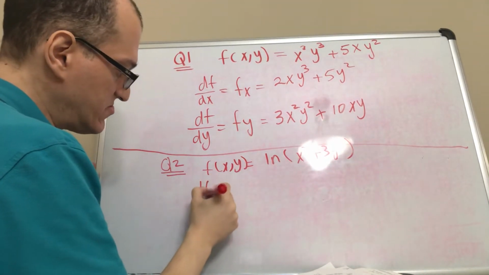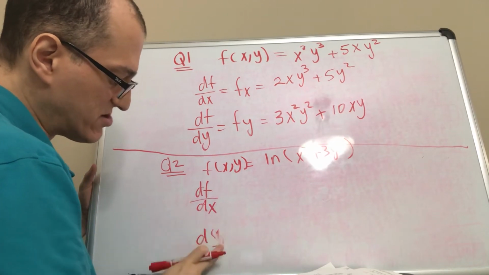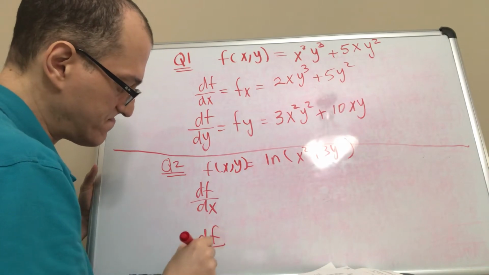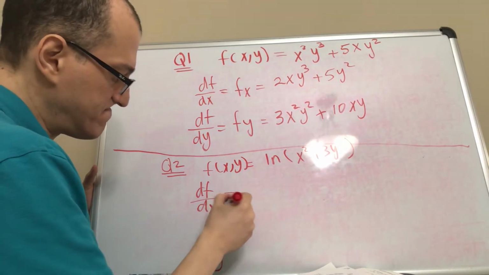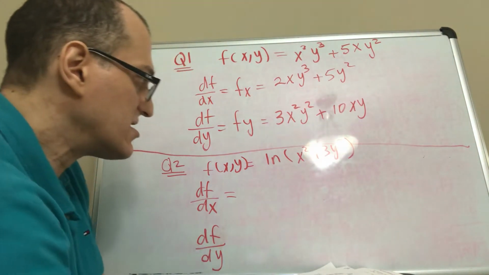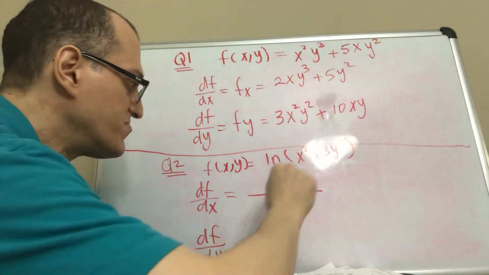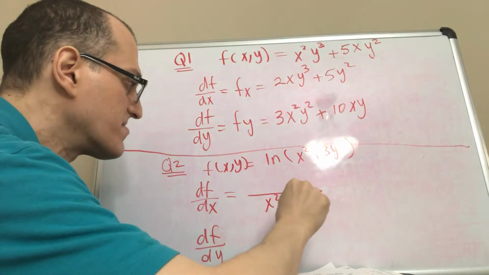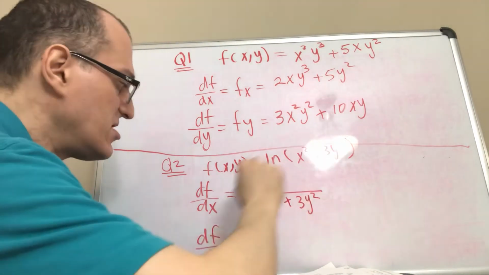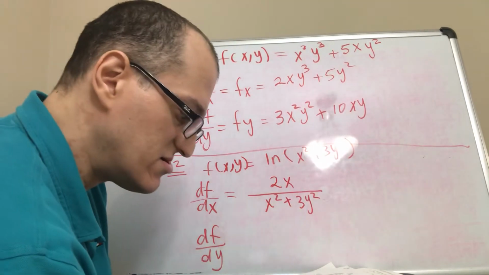Find the derivative with respect to x. Find the derivative with respect to y. The derivative of this with respect to x, and in ln, you know the derivative of the ln, you put the inside in the bottom, and the top would be the derivative of the inside. And with respect to x, it's basically 2x.